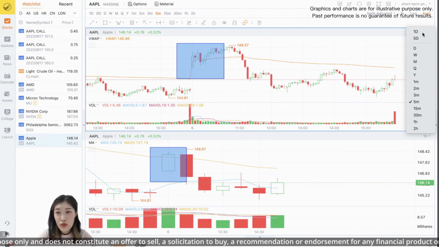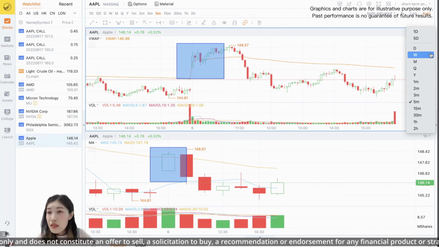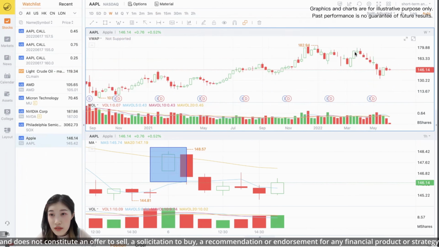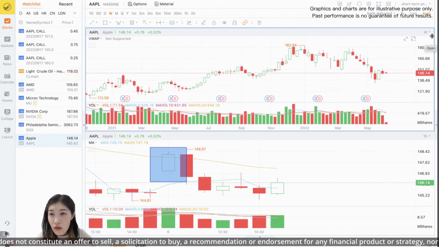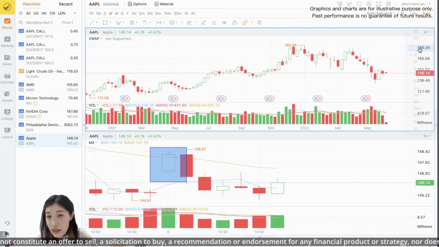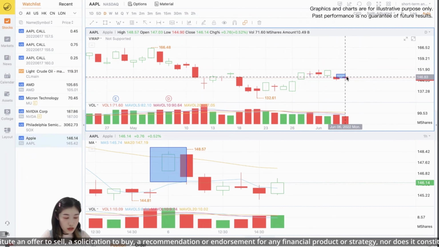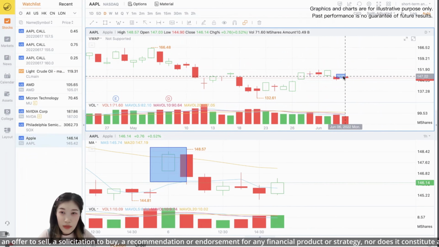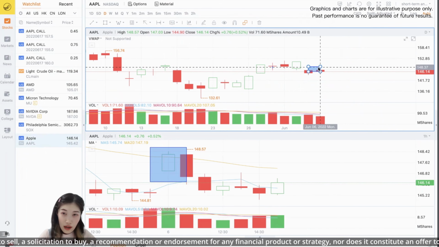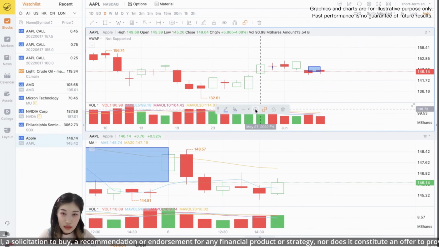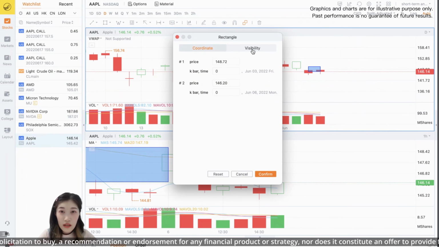Now, if I switch to a broader chart, say like a weekly chart or a daily chart, as you can see now, the rectangle looks super small and does not make any sense. Here I can go to settings again and click on visibility.